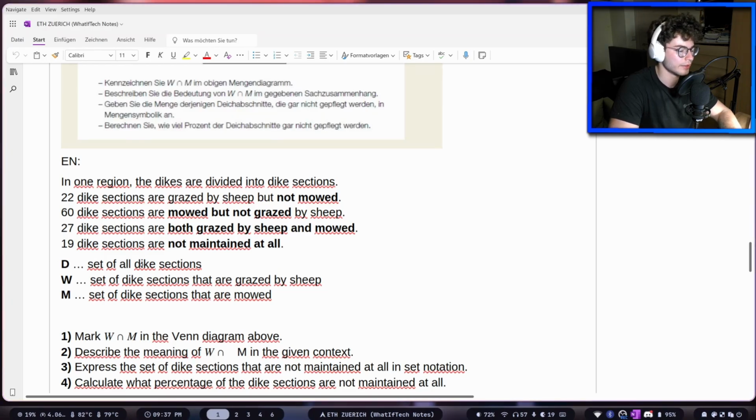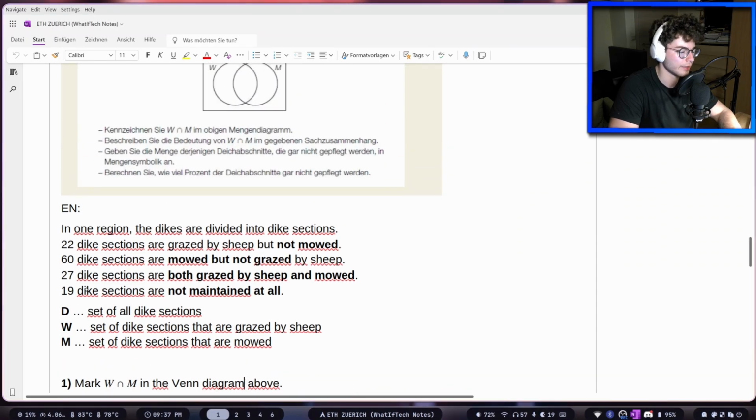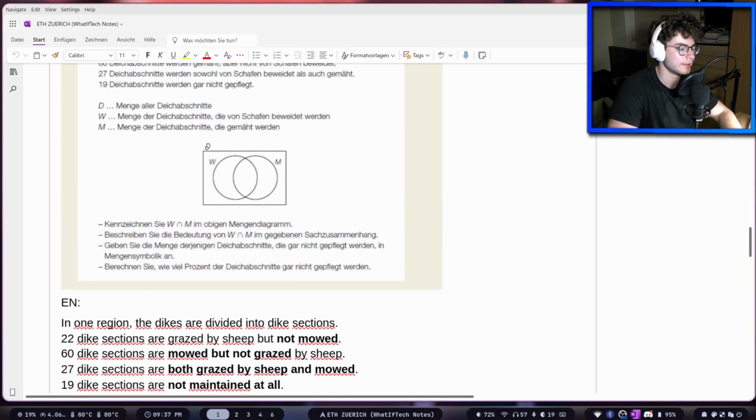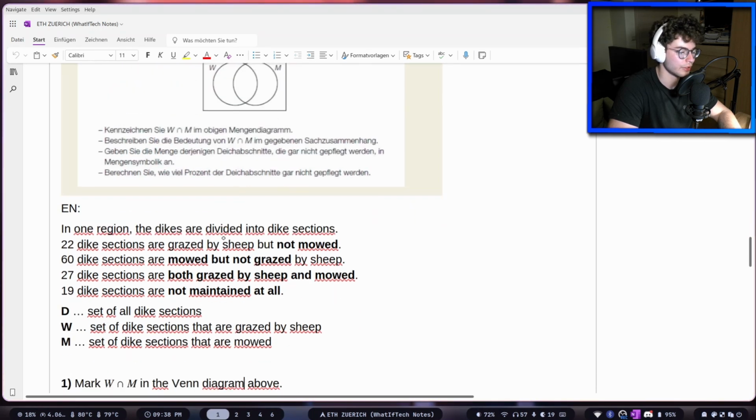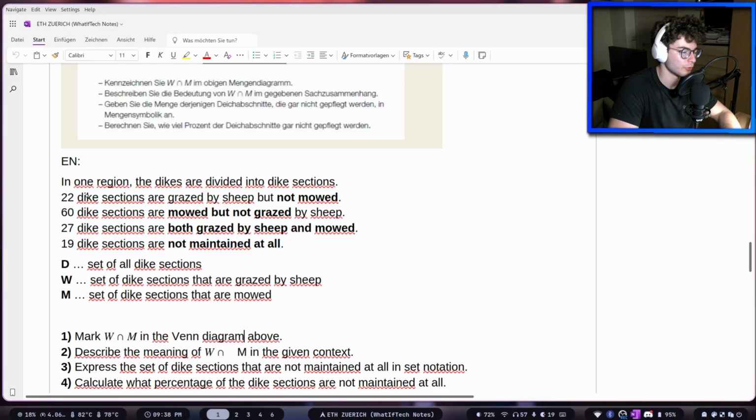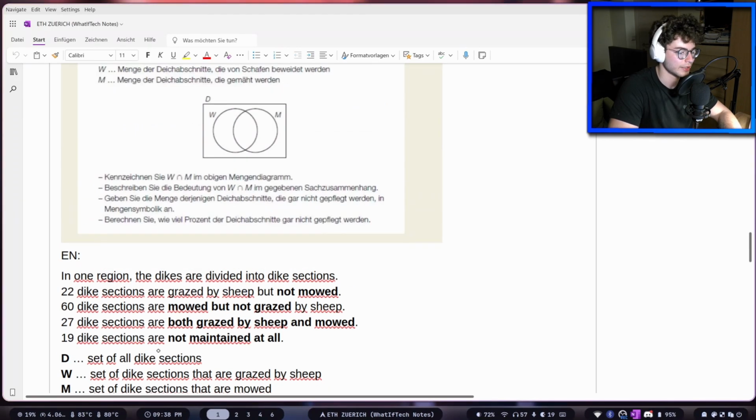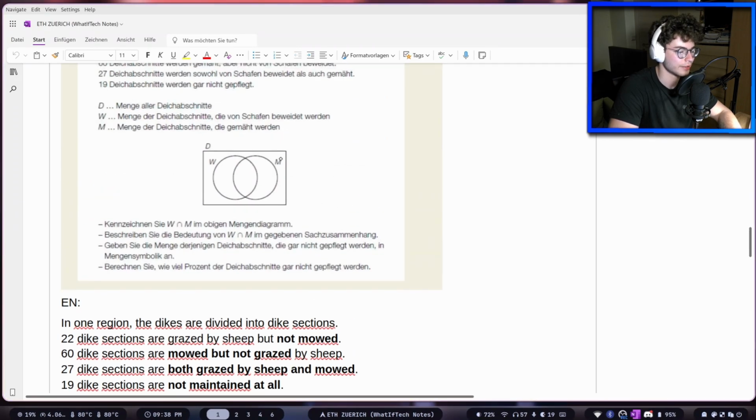We have D, set of all disections, and W and M. 19 disections are not maintained at all, which means we need the set difference of D and the union join of W and M. Those are all the elements which are not grazed by sheep or mowed, so not in these sections or sets, and are not maintained at all. So the 19 are this set.